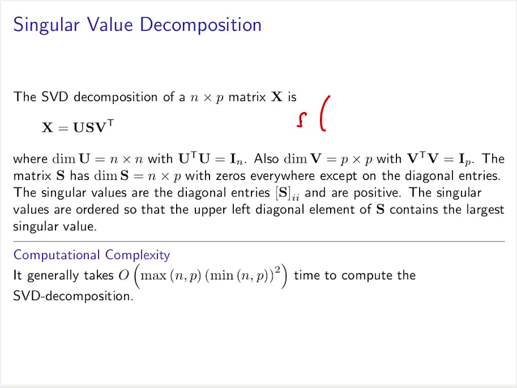So S is something looking like that, probably with some zeros here. Okay. And well, computationally, it's rather similar to the computational requirements for computing a decomposition of a square matrix.